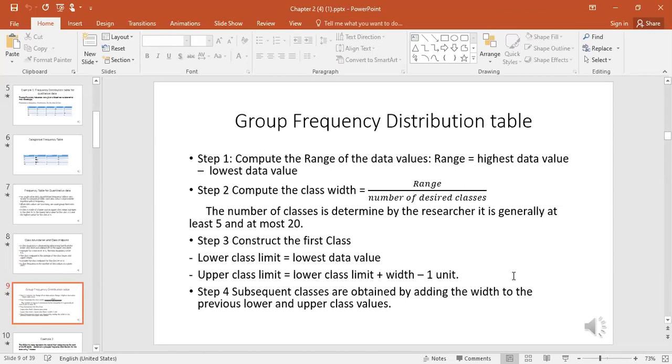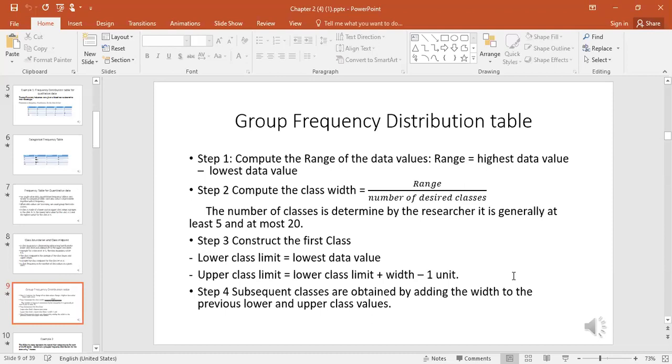Once you get the width, we are going to do one example to help us illustrate this. You can use the width to construct the first class by identifying the lower class limit, which is the lowest data value, and then the upper class limit is obtained by adding the width and subtracting 1 unit.